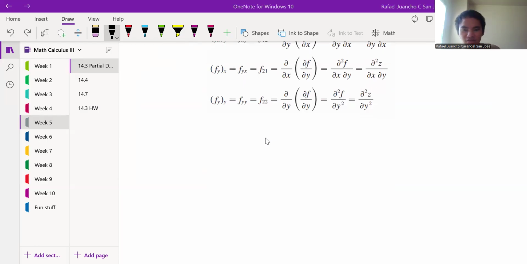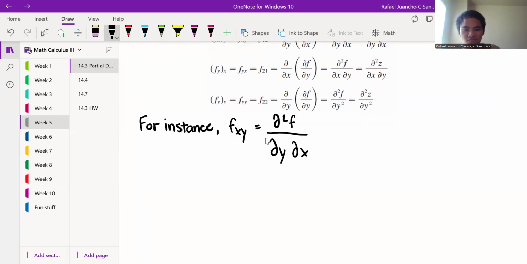So let's do an example. If we say, for instance, I'll write it in English, f sub xy, it also has this notation. So squared of that same function over, here we take the partial with respect to y first, and then with respect to x. So what's the meaning?